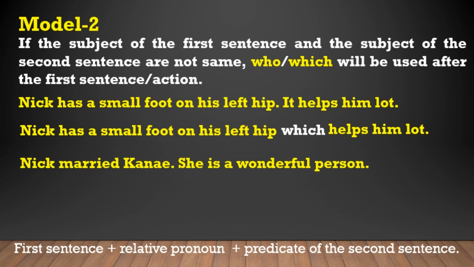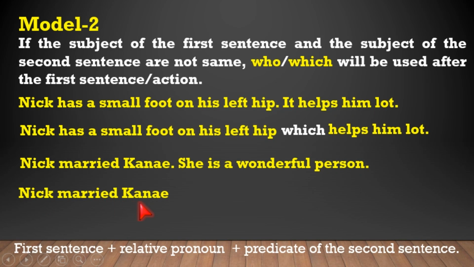Another example. Nick married Kane. She is a wonderful person. How can we combine these sentences? The same structure you can apply here. The first sentence. So what is the first sentence? Nick married Kane. Then relative pronoun. What is the relative pronoun here?